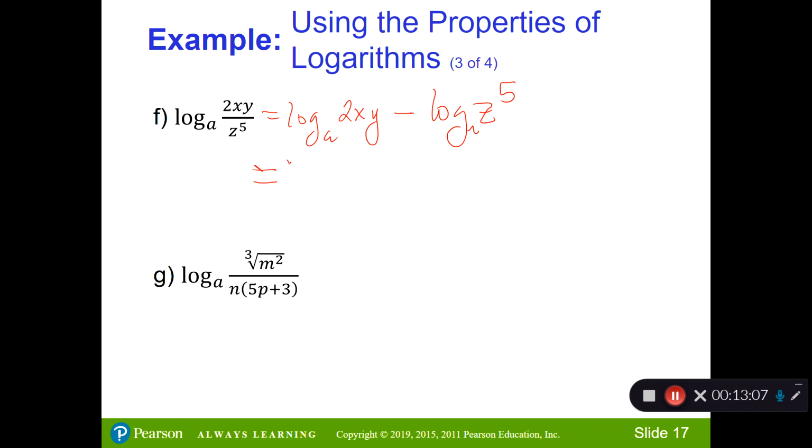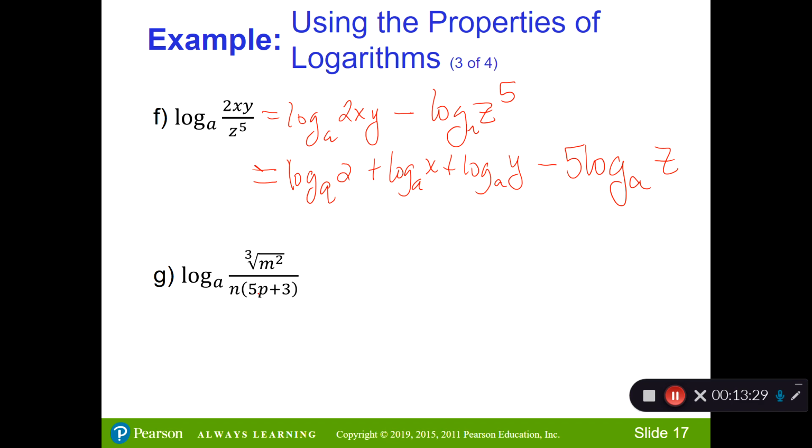Log base a of 2 plus log base a of x plus log base a of y. And then the 5 can come in front using that property of the logs. So that's 5 log base a of z. And there's our expanded expression.